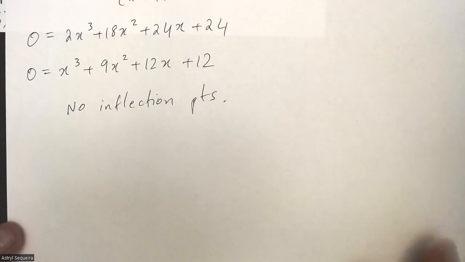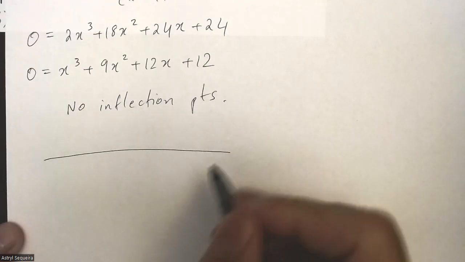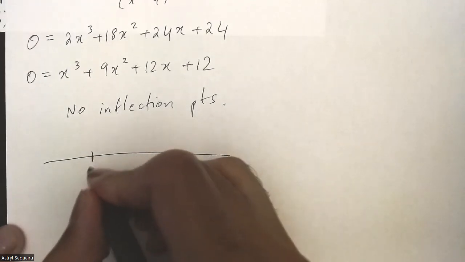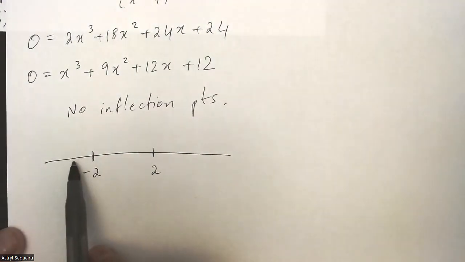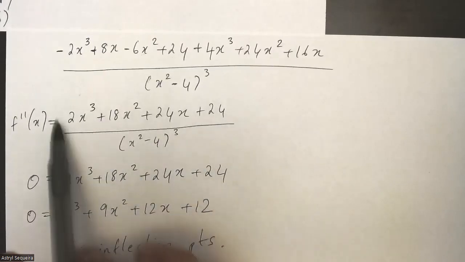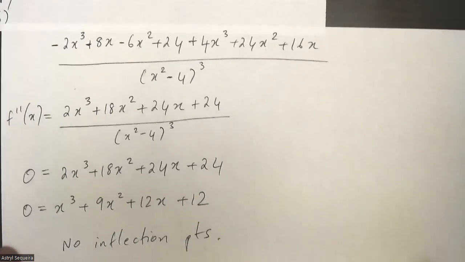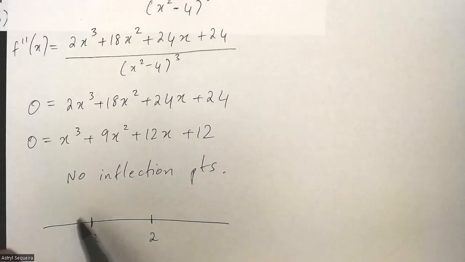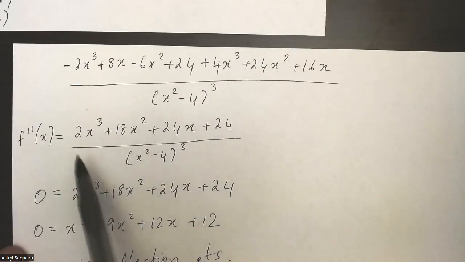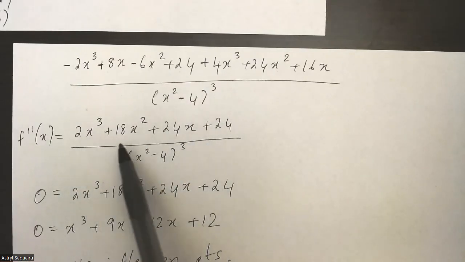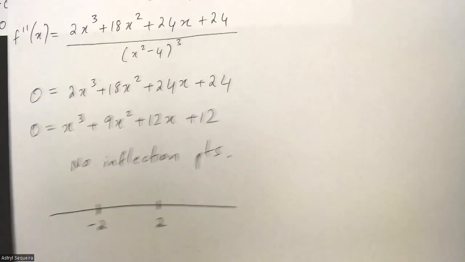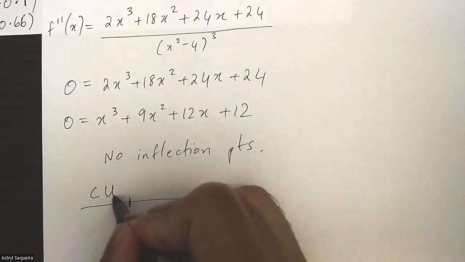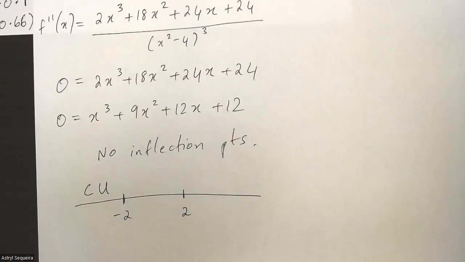Since we have no inflection points, the only things that go on our number line are the two vertical asymptotes, which are -2 and +2. I'm going to pick a value over here and sub it into this second derivative equation. I'll pick -3. If I sub -3 into this equation over here, I will get a positive number, which means that this is concave up.